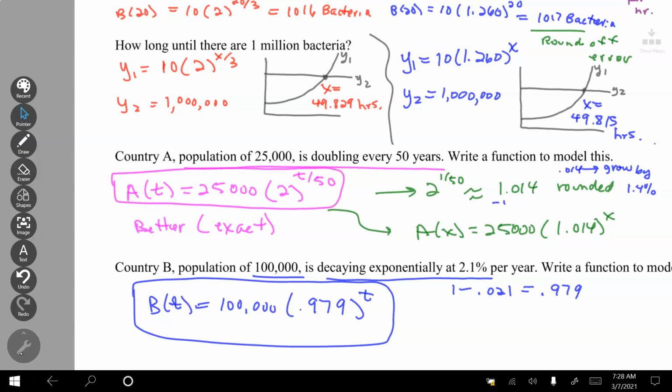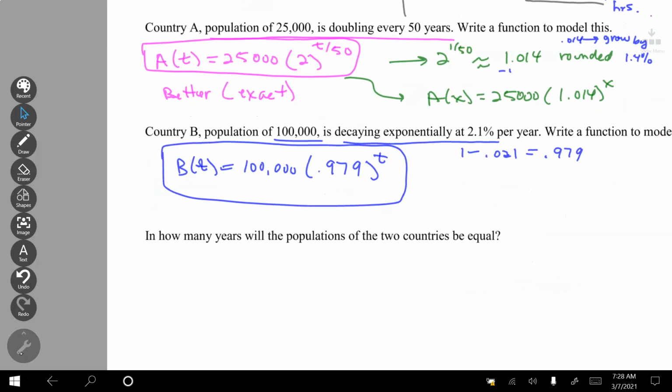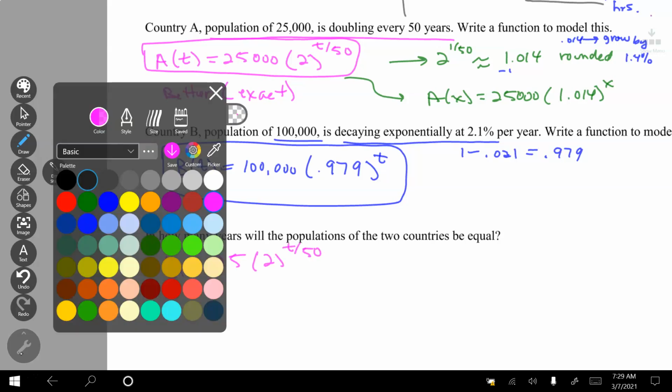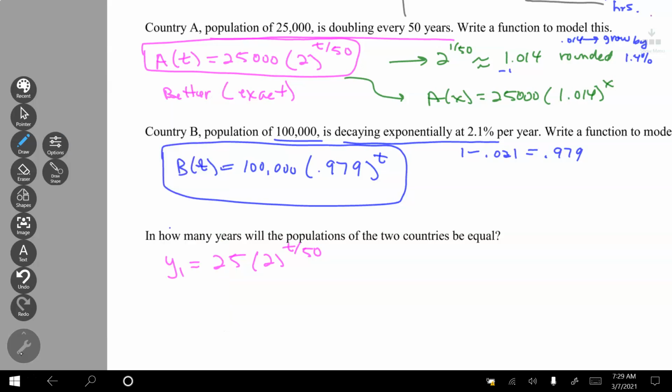And then the question at the end is, when are they equal to each other? So y1 is equal to 25 times 2 to the t over 50, and y2 is going to be 100 times 0.979 to the x.